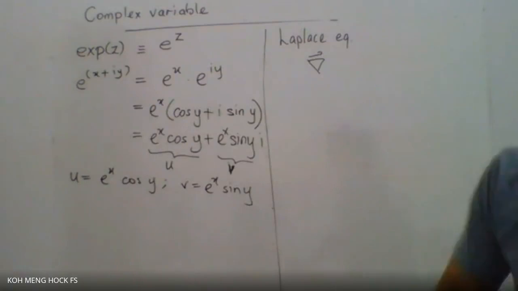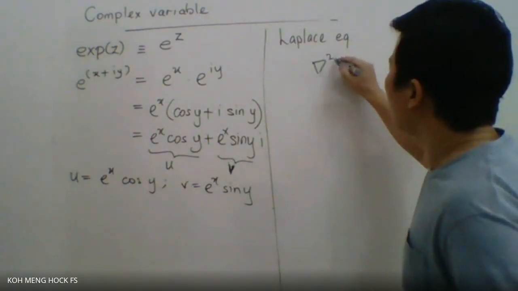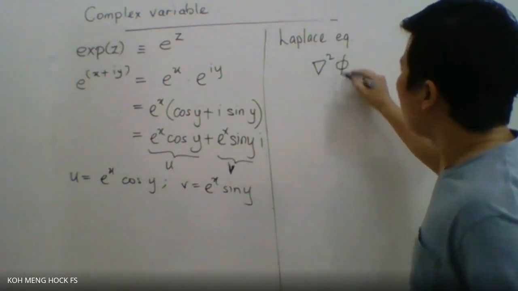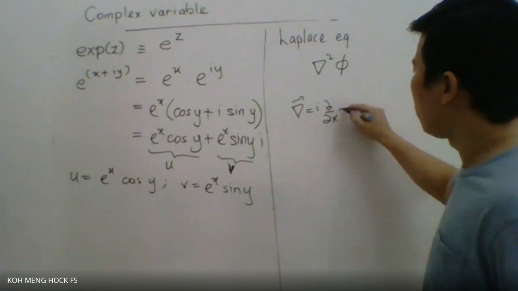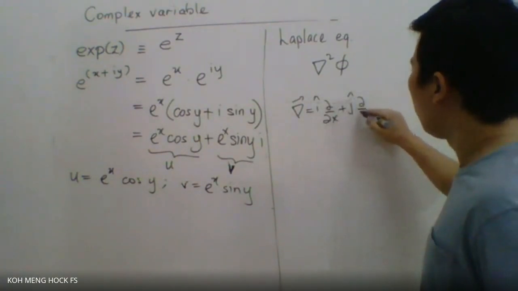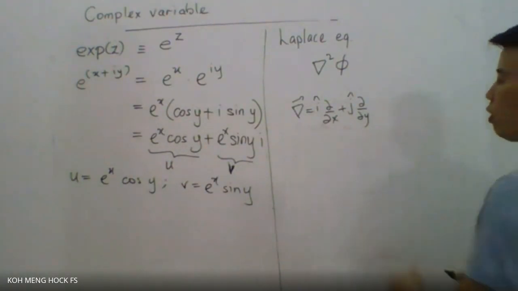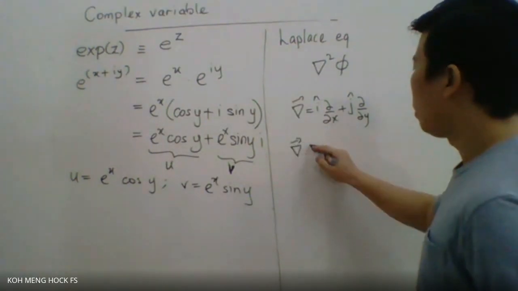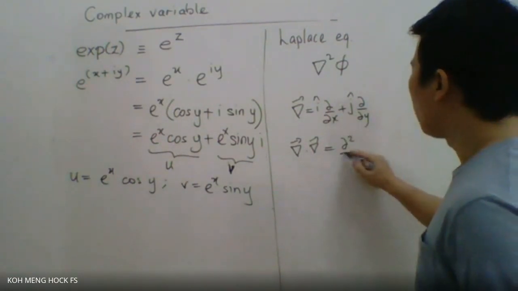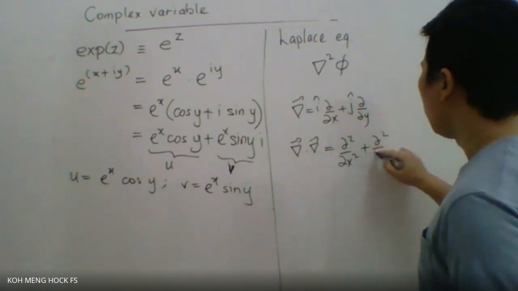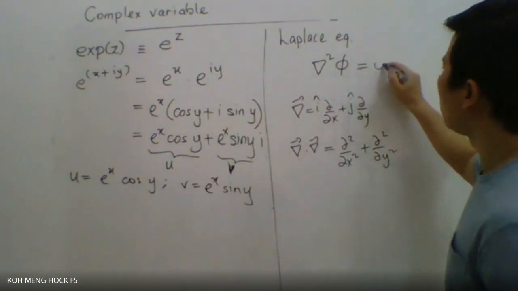You can put the vector, but because this is our usual gradient, i d/dx plus j d/dy, and in 2D, because we are dealing with 2D, when you take del dot del, you are going to have d squared/dx squared plus d squared/dy squared. So the Laplace equation is this equals 0.